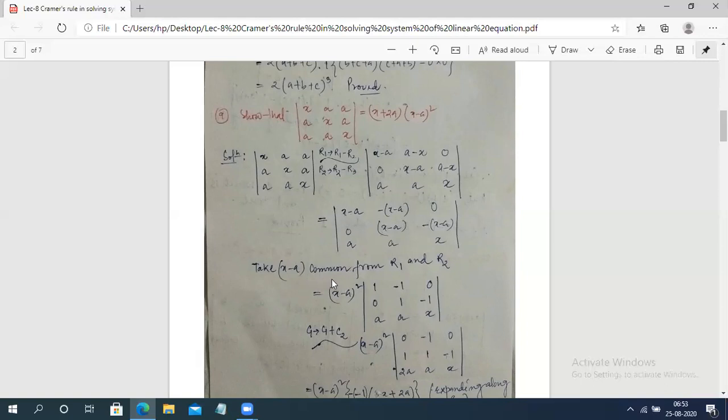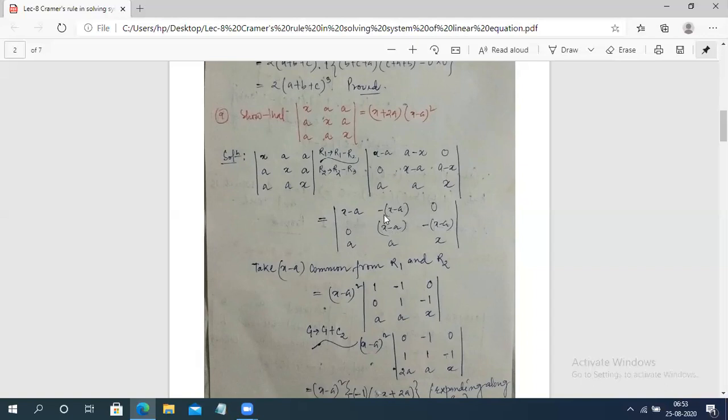Now from R1 and R2 you can see there are common terms, that is x minus a. You can take x minus a common from R1 because in R1 two terms are x minus a and third term is 0. If it is not 0, then we cannot take common x minus a, but since the third term is 0 and the first and second term is same, you can take x minus a common from R1, and similarly you can take x minus a common from R2 also.